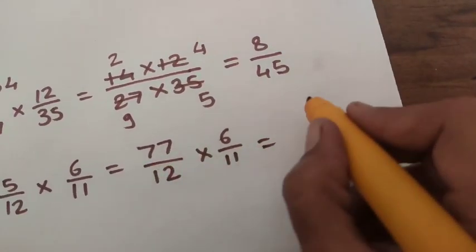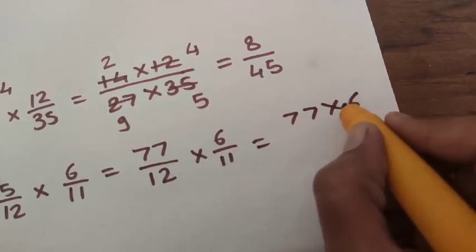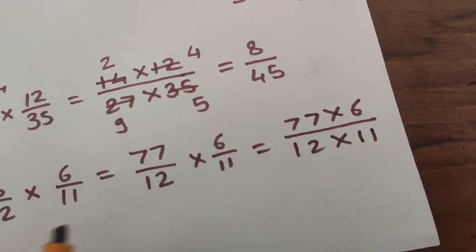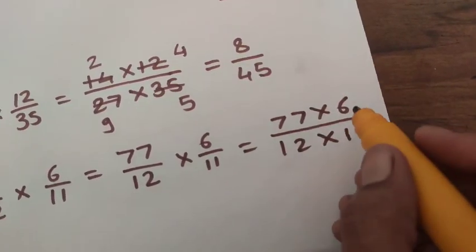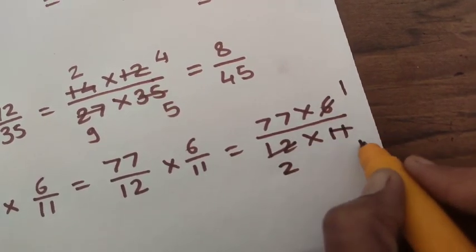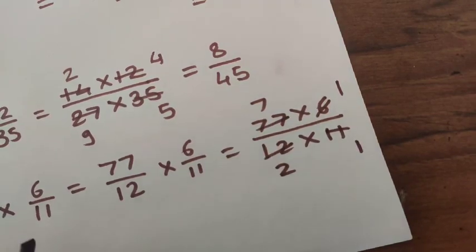So next step is both numerators multiplication and both denominators multiplication. After this you are getting very easy numbers for division, that is 6 1s are 6, 6 2s are 12, 11 1s are 11, 11 7s are 77.